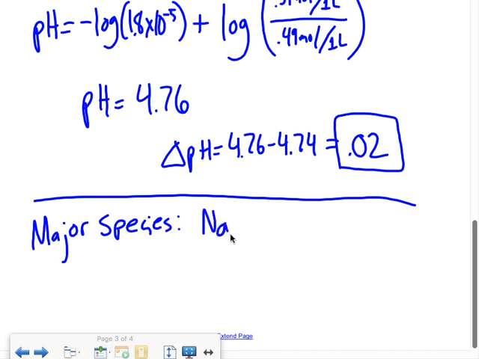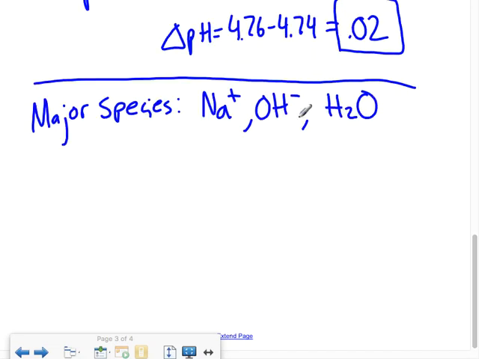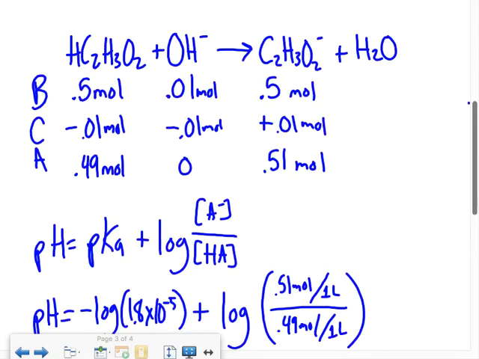So when we add that sodium hydroxide, it doesn't really have anything to react with. There's no acid in this mixture, so we're just going to keep that OH concentration. So basically we're just having a dilute sodium hydroxide solution. So we just need to find the molarity of hydroxide and use that to find the pOH and the pH. So we have 1 liter of water with 0.01 moles of sodium hydroxide in it.